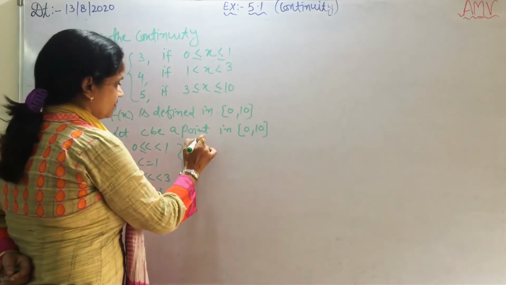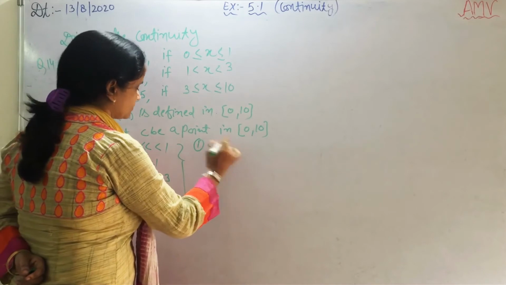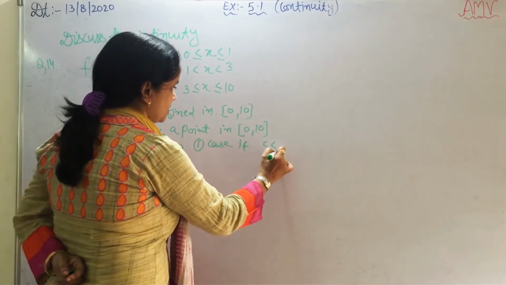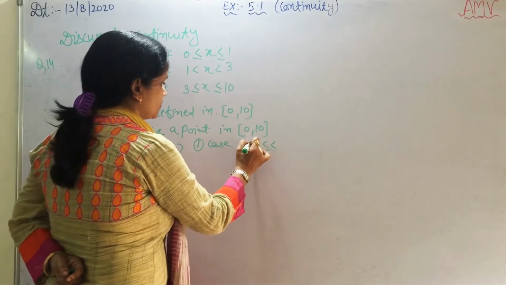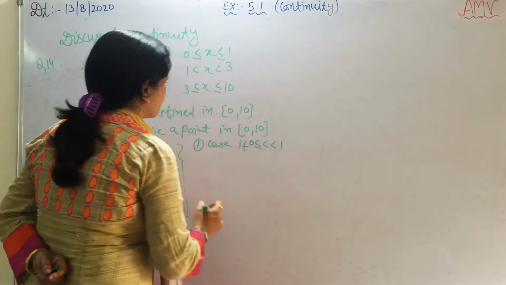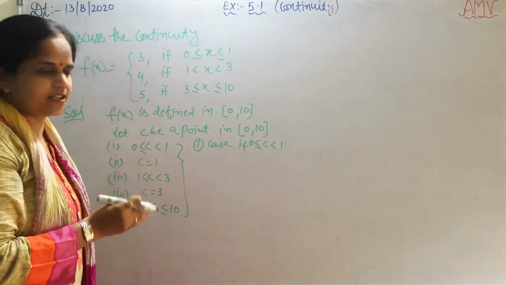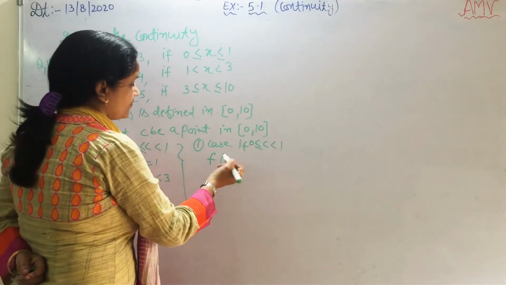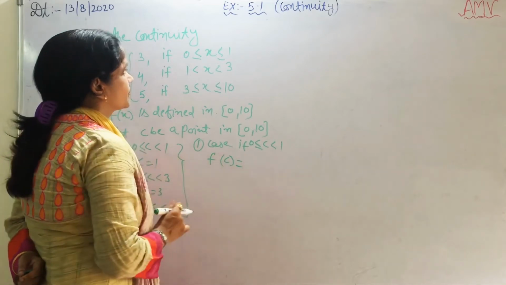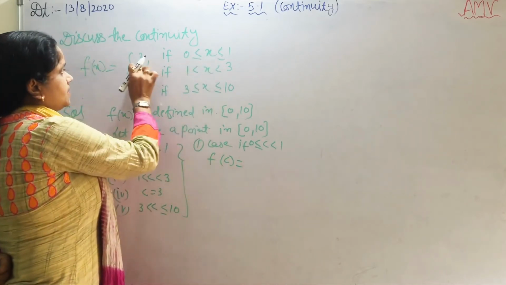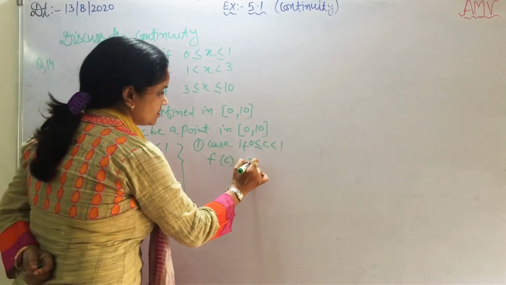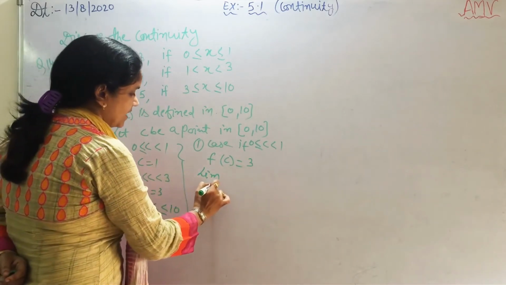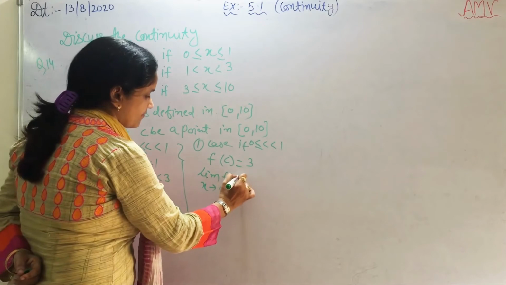Now, consider first case, when C is greater than equal to 0 and less than 1. First you write that function is defined in this interval and then find f(C). Here f(C) is 3. Now find limit x tends to C f(x).